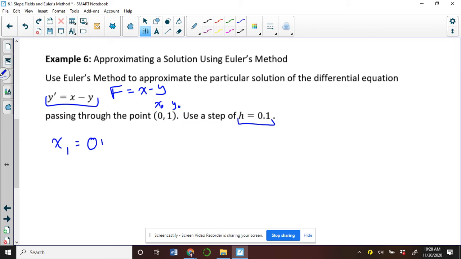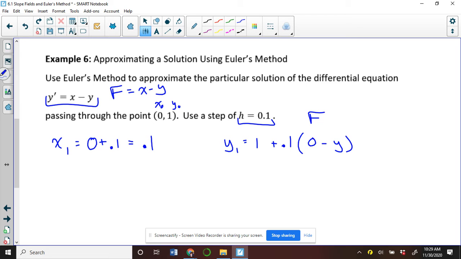So 0 plus 0.1, or 0.1. That is our coordinate for our x value. y1 is, now we can calculate. So we have our initial y plus our step 0.1 times our function f. So that is x minus y at our initial x naught, y naught.